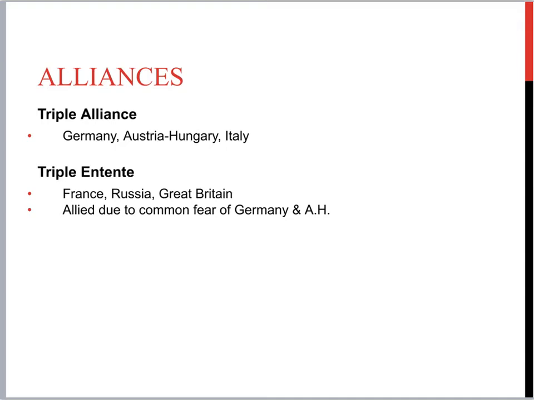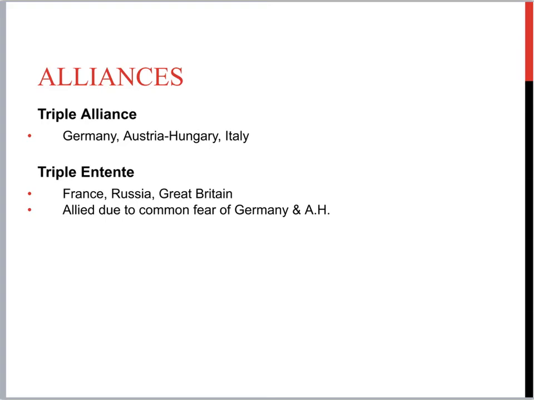For instance, if the Triple Alliance was entered into by Germany, Austria-Hungary, and Italy, and Austria-Hungary got into a war, it would pull Germany and Italy into the war as well. So that would make attacking Austria-Hungary risky or foolish from the outside.